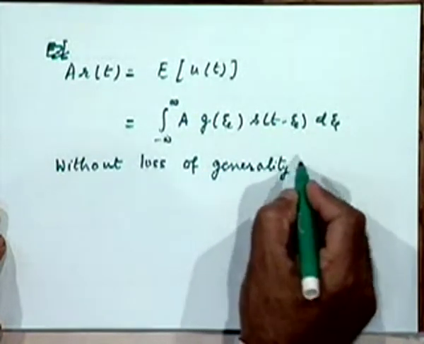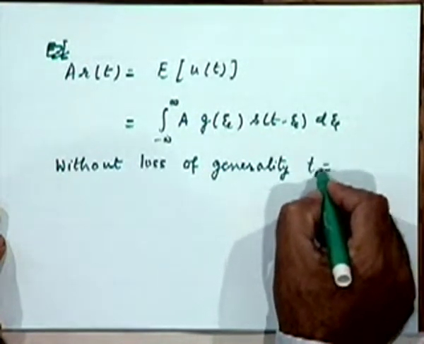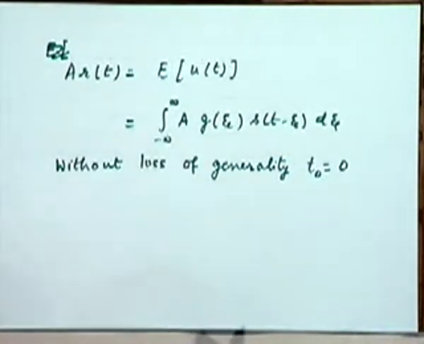We can assume t0 equal to 0. That is, the sampling instant t0 I have arbitrarily chosen, I am calling that instant 0. That has become my reference instant. Obviously the pulse would have occurred somewhere before that.